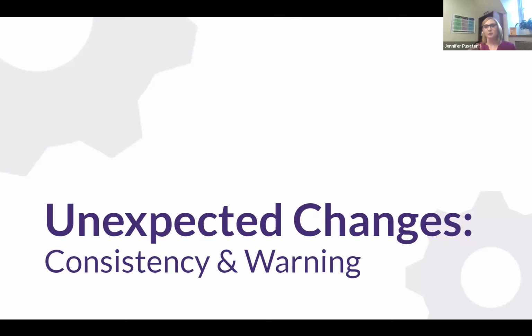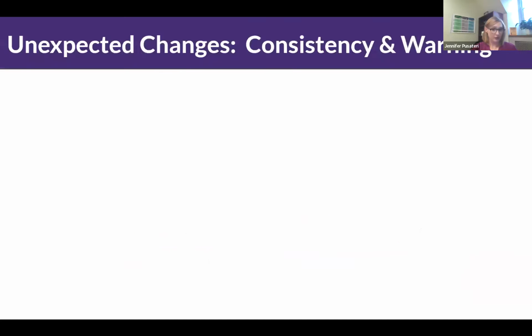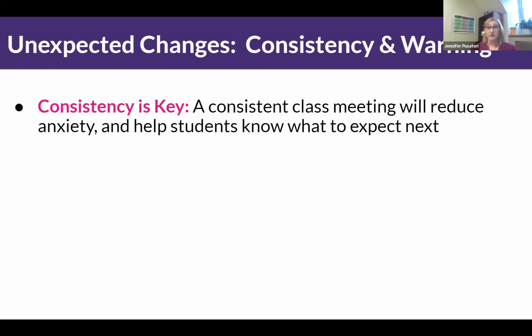So when we can make sure that we're letting students know about any changes that may be coming up, that's really helpful. We can also make sure that we're being very consistent. So if your course is one where you can have a similar structure from week to week, maybe we'll start out with announcements, then I might do a lecture for a little bit of time, then we're going to talk to a partner, and then we're going to do a little bit more lecture, and then at the end we might do a quiz game or something.